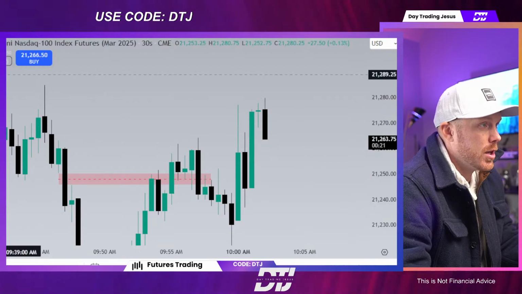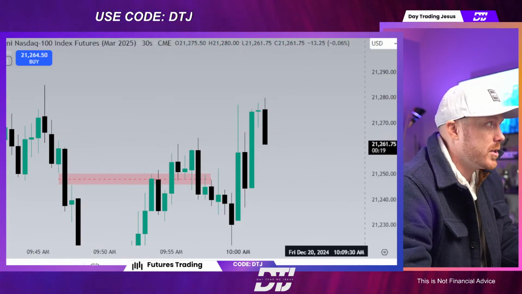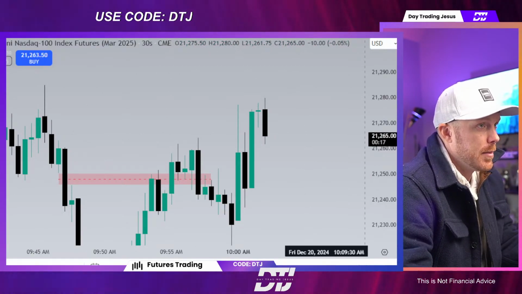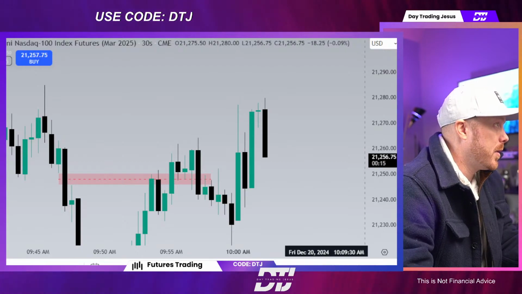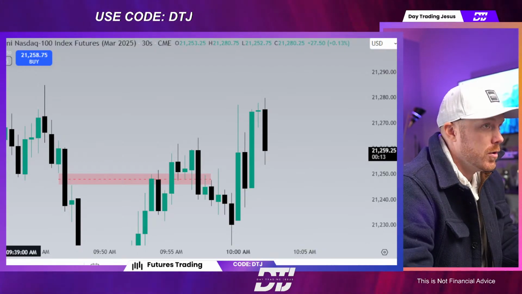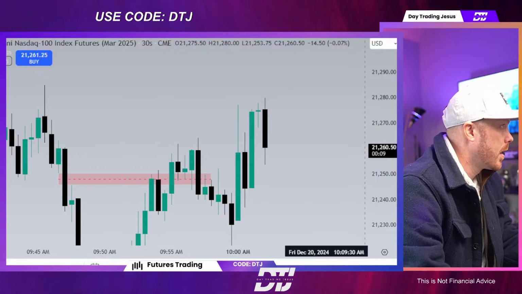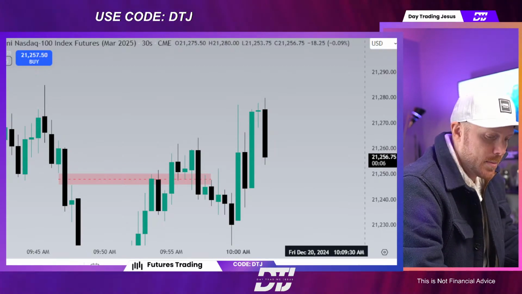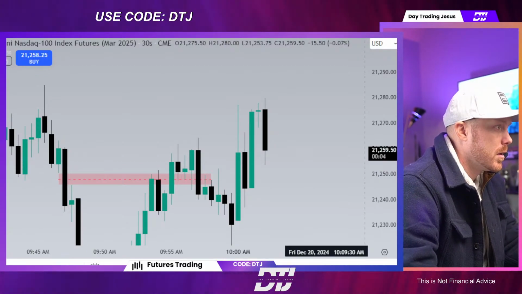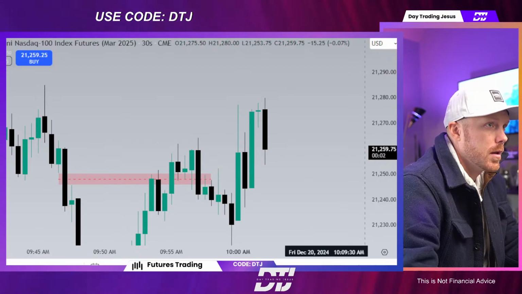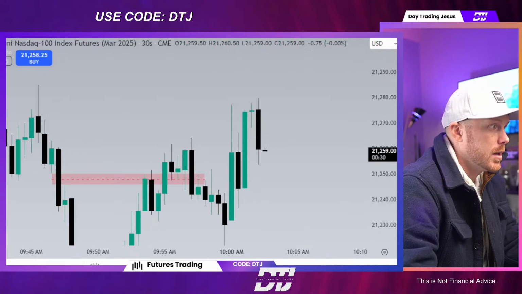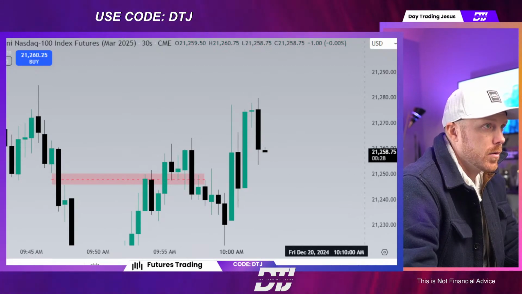We could say we're going to fill the rest of this opening range gap. Okay, I take that back. We have the new day opening gap up here. I want the new day opening gap. So this is my target. If I can find an opportunity for that, we'll take that.